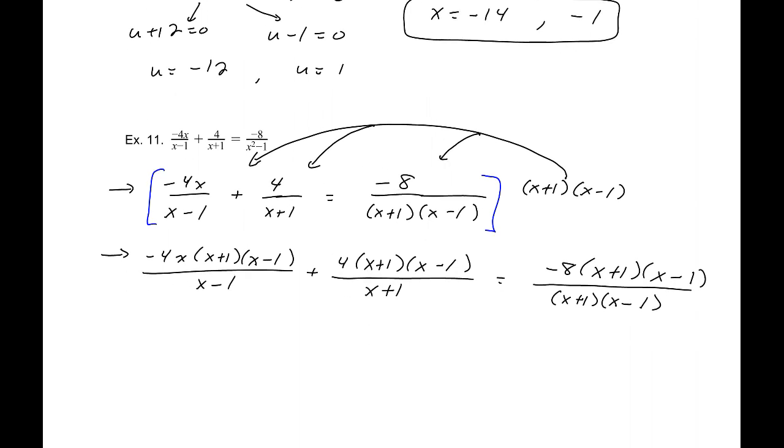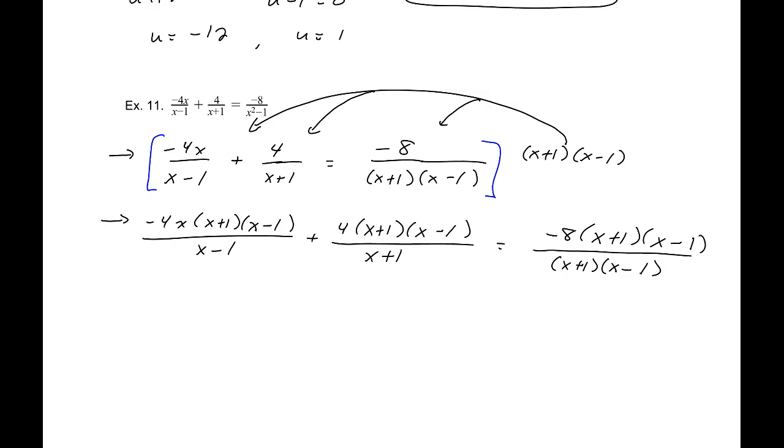Several things are going to cancel. Now, before I cancel anything, I want to notice that my x values cannot be 1 or -1, because that would mean I am dividing by 0 in one of these places. So note that I cannot have an x value of 1 or -1. Those are called my domain restrictions.